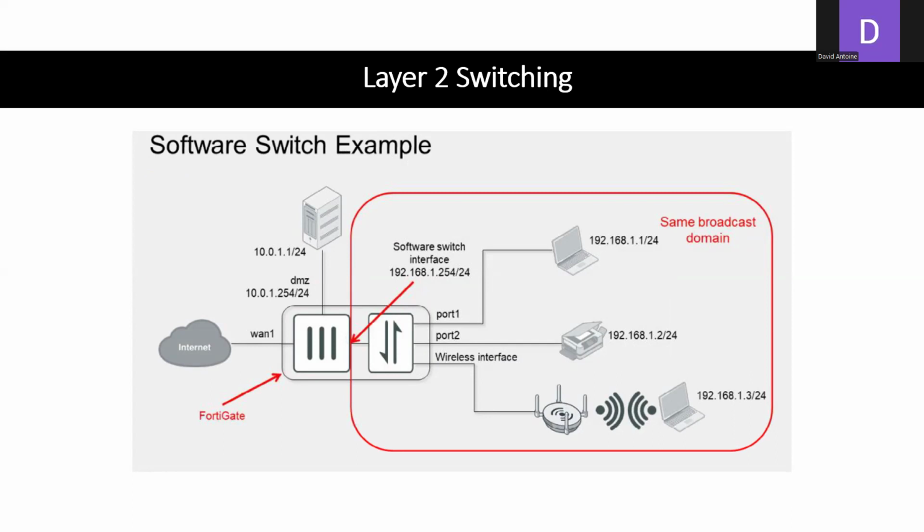What does that mean? They're part of the same broadcast domain, and so they're part of the same 192.168.1.0/24 network. That means a PC that's hanging off of port 1 can reach a printer that's hanging off of port 2 or a wireless device that's hanging off the wireless interface.